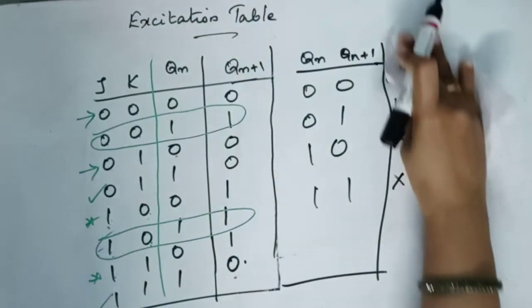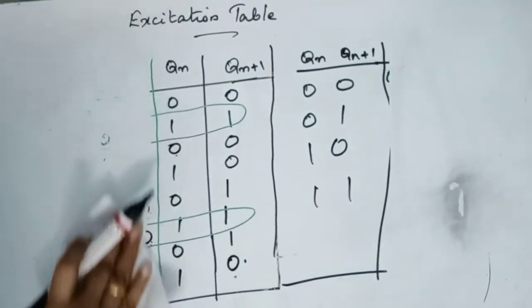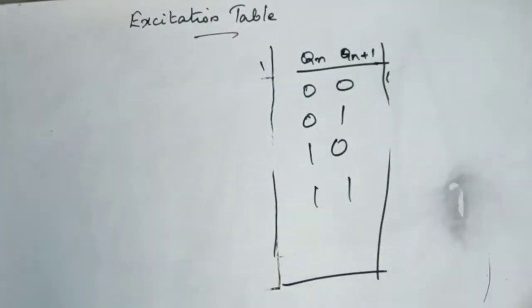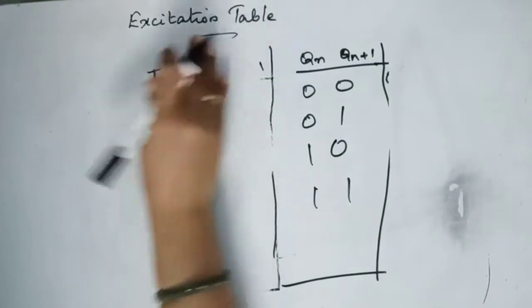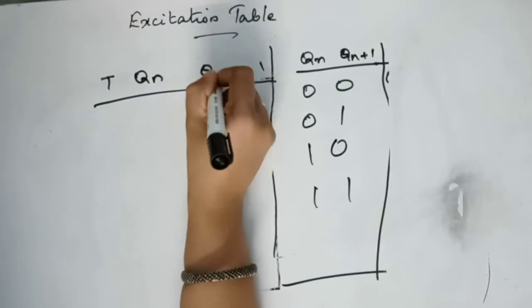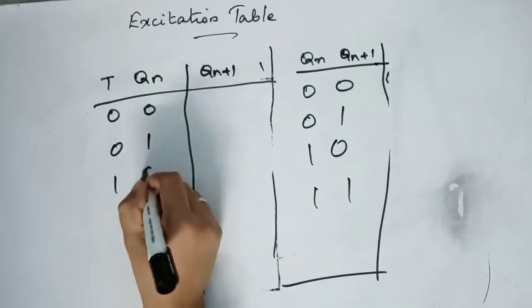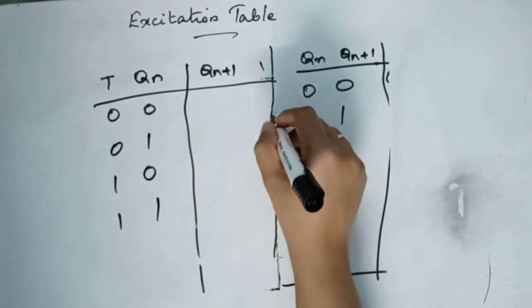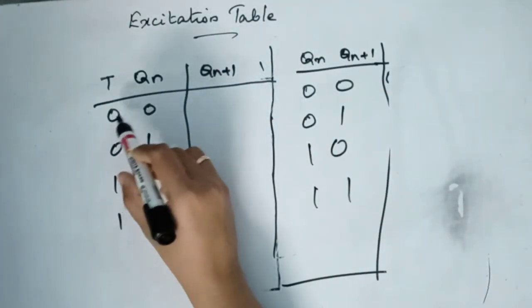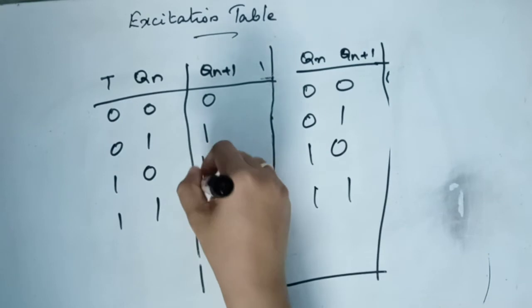So next is T and D. In the case of T, Qn and Qn plus 1 can be 0 0, 0 1, 1 0, 1 1. T0 means Qn, T1 means Qn bar.